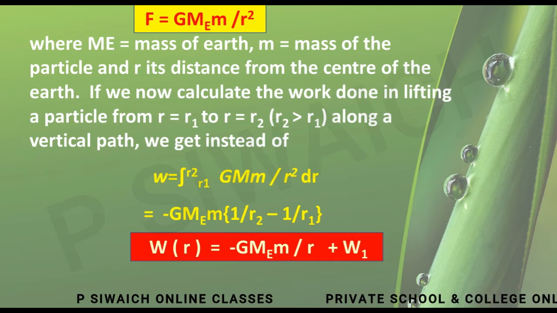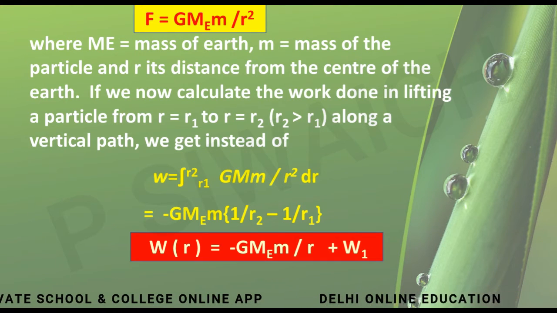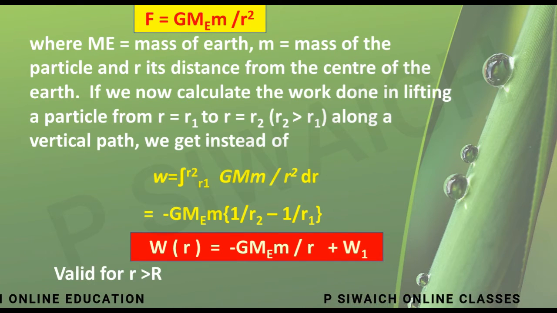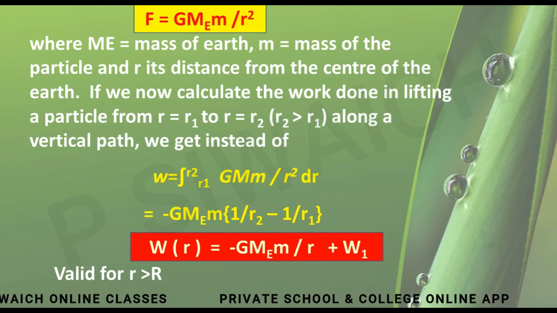This gives W(R) equals minus G ME m over R plus W1, valid for r less than R.